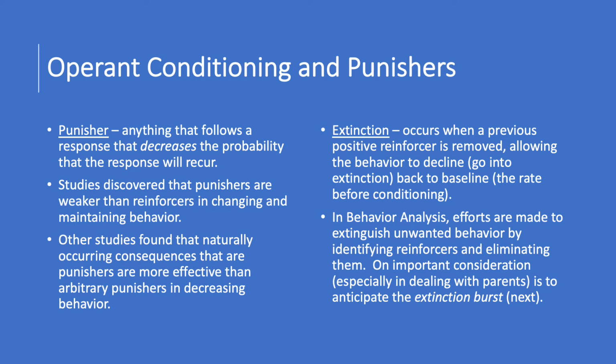When there's a vacuum created where they don't get that desired feedback or sense of power, then you can get extinction of bullying behavior. Talking back, talking disrespectfully, things like that, are behaviors that usually strengthened because they were reinforced in some way. So behavior analysts will look for the reinforcer that is maintaining or strengthening the behavior and try to remove that.